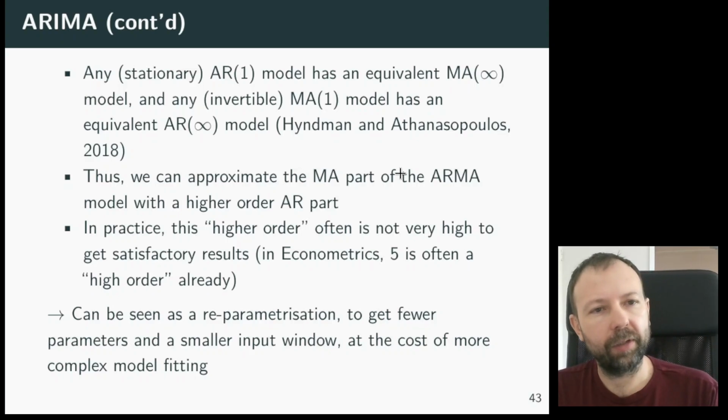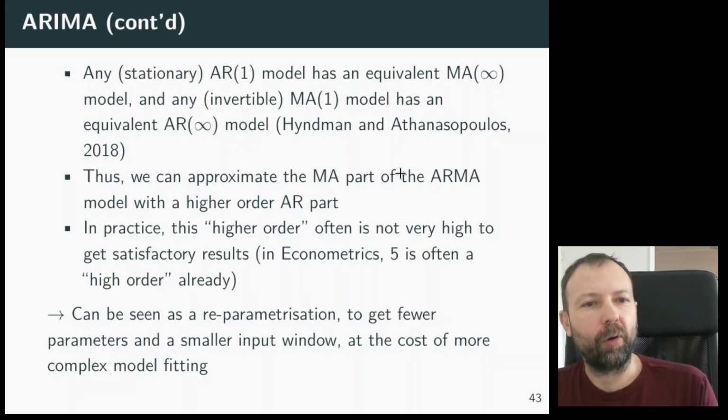And it turns out that in practice, this higher order is often not very high to get good results. I mean, in econometrics, 5 is often already seen as a high order of an AR model. It's much more common to use AR2, AR3, and then you use an AR5, and they would be like, oh, that's a quite high order.